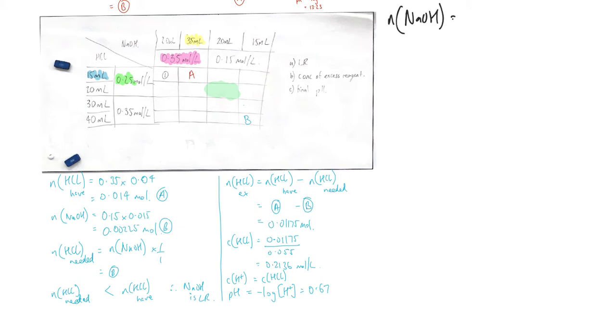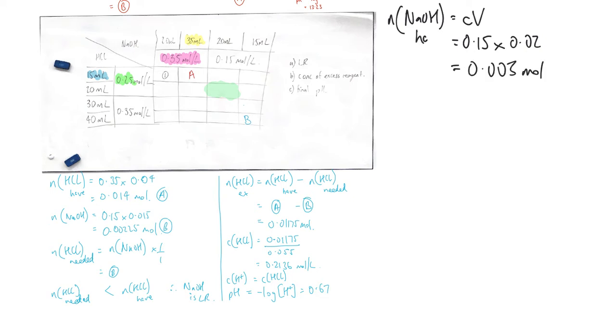Remember that this can be via a solid or a solution, so you have to choose the right equation, but for this one it's CV because it's a solution. So the number of moles is C, 0.15, times volume, 20 mL, 0.02, which is equal to 0.003 mole.